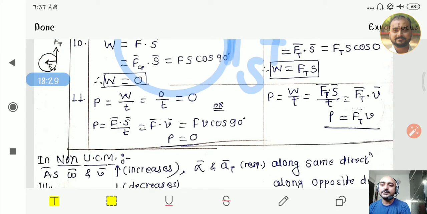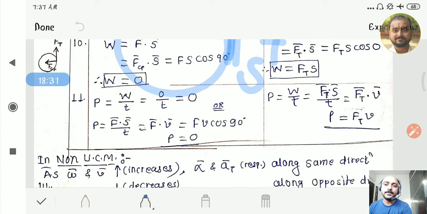In case of the formula for power, that is work divided by time. The work having value Ft dot S, divided by time.